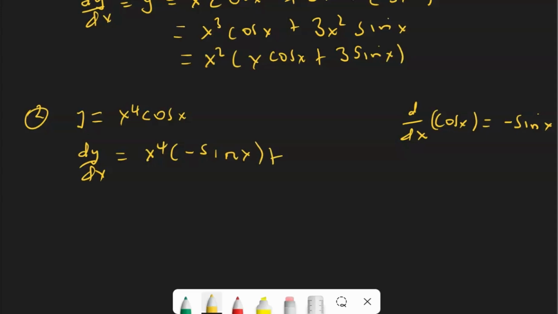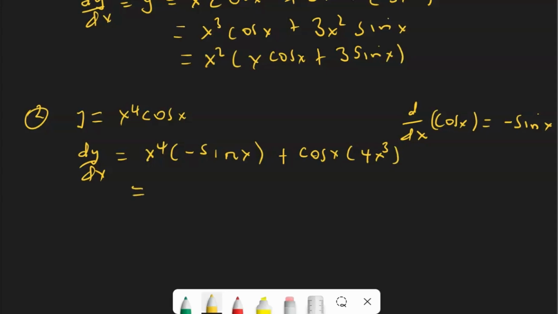plus put down the second function, which is cos x, multiplied by the derivative of x to the 4, and derivative of x to the 4 is 4x cube.